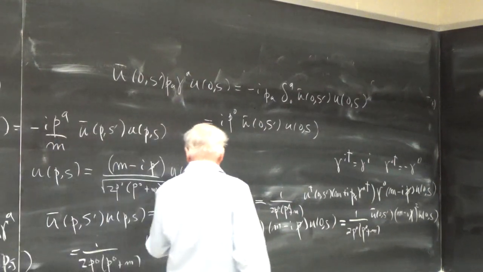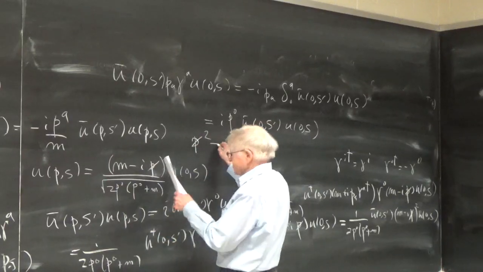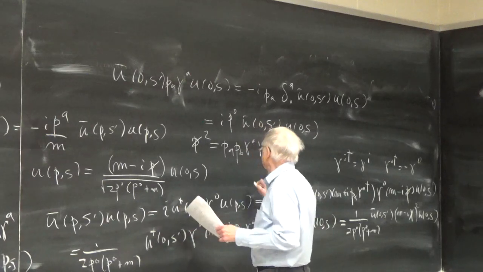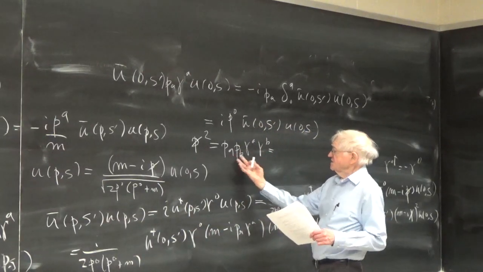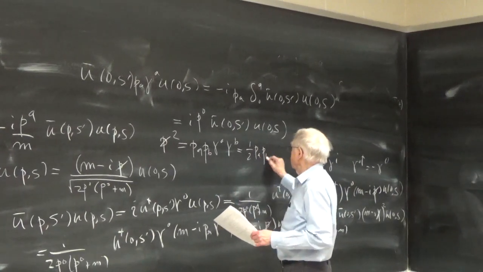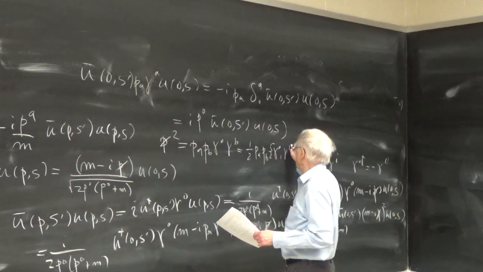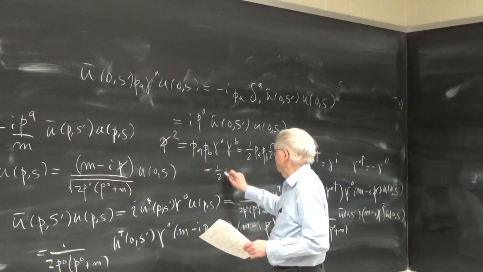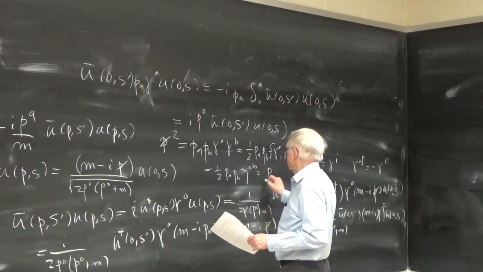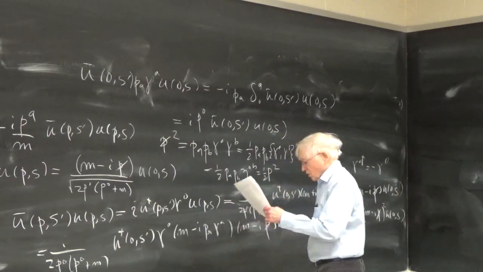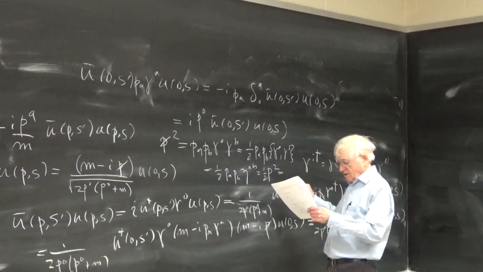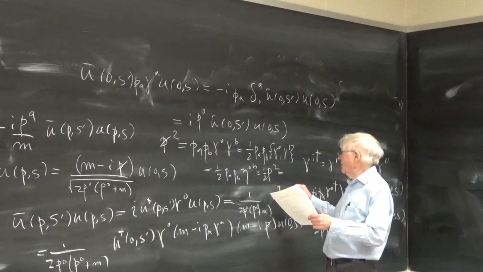That lets us write P slash squared as PA PB gamma A gamma B, which is symmetric in AB, and so this is 1/2 PA PB anti-commutator of gamma A gamma B. So this is 1/2 PA PB times 2 eta AB, which is just 1/2 P squared, which is, there was a 2 here though.